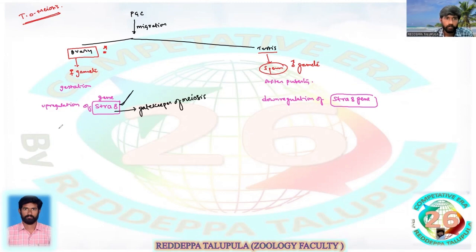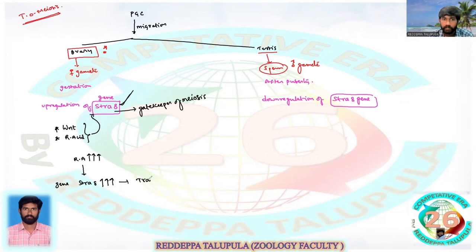What are the causes of the upregulation and downregulation of this STRA8 gene? Let us discuss. See, WNT will be present, and one more thing, retinoic acid will be present. These two cause the upregulation of STRA8 in ovaries in the gestation period itself. Increased RA causes STRA8 gene expression.